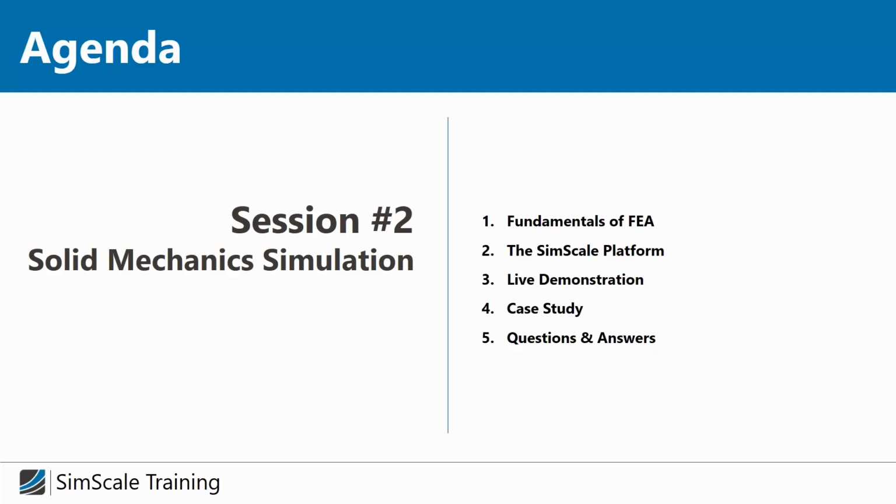During the first part, we will talk about the fundamentals of engineering simulation and especially finite element analysis. We will talk about the advantages and limitations of engineering simulation, about the range of application you can use solid mechanics simulation for, and we will also introduce you to the SimScale cloud-based simulation platform.